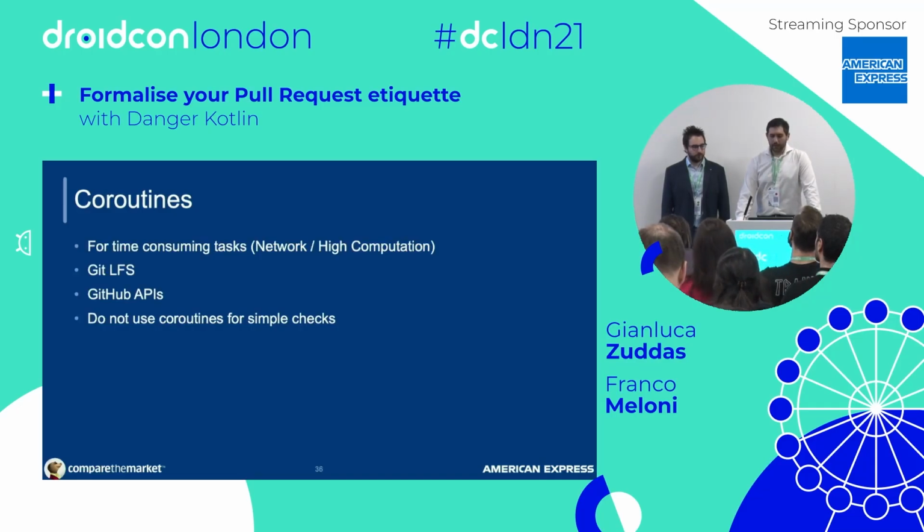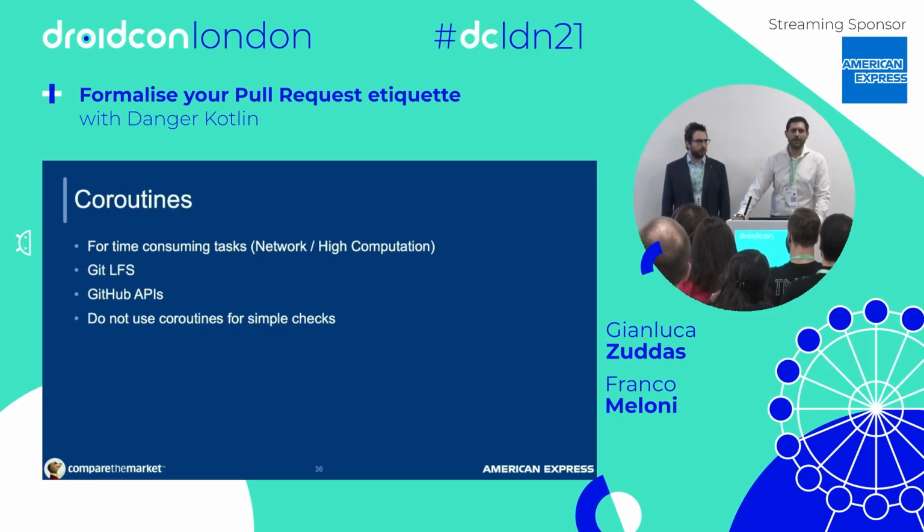However, using coroutines is recommended only for time-consuming tasks, like, for example, a network request, a high computation, or checks that require an external tool to come back to Danger. If you run a simple check, like, for example, just looping over a list of 10 or 20 or even 100 modified files, it is still very, very quick.